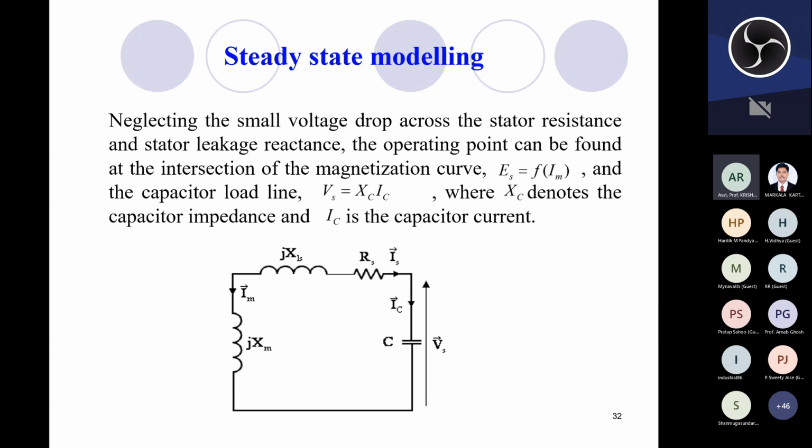Then we can connect some load across the stator terminals. Here the induced EMF Es is a nonlinear function of magnetizing current. So Es can be expressed by this equation, and the capacitor load line, since Vs is also applied across the capacitor, can be written as Vs equals Xc into Ic, where Xc is the capacitive reactance.